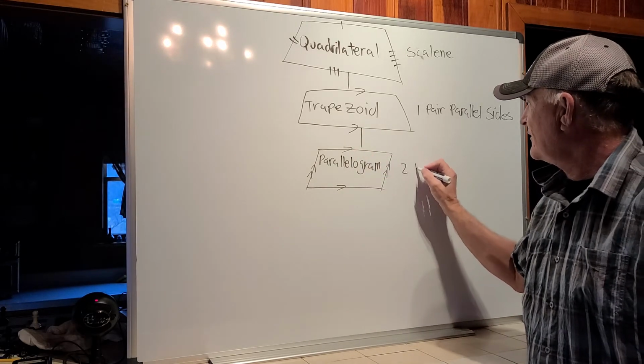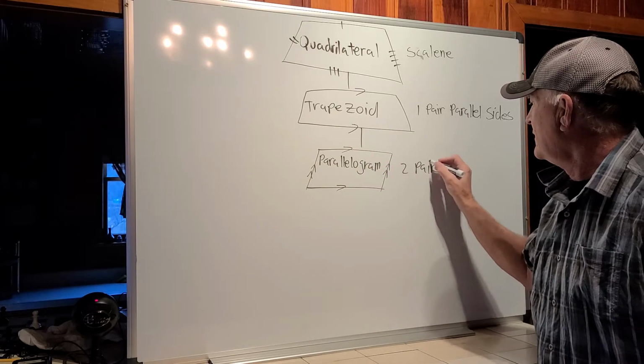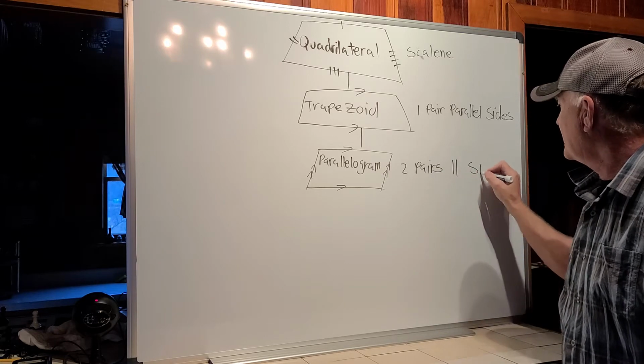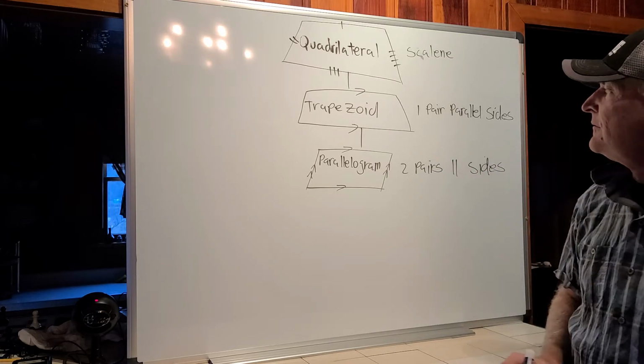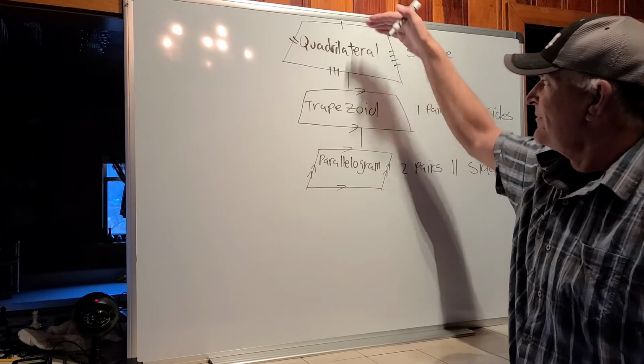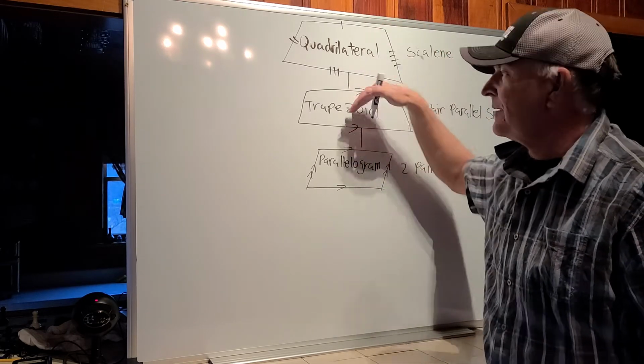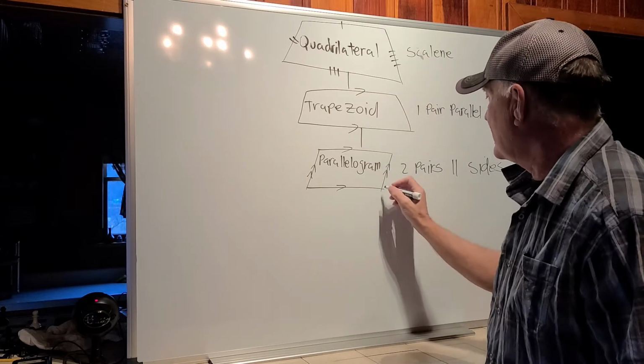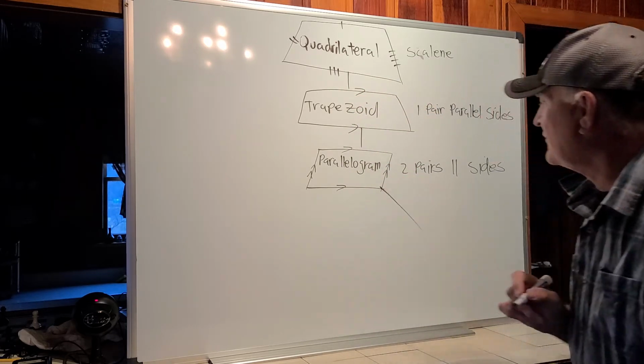So two pairs. I'm going to just write parallel like that. Two pairs of parallel sides. Okay, so from a quadrilateral comes a trapezoid. From a trapezoid comes a parallelogram. And then from a parallelogram, we can go in a couple of directions.